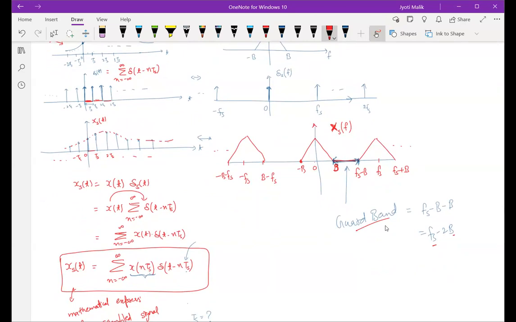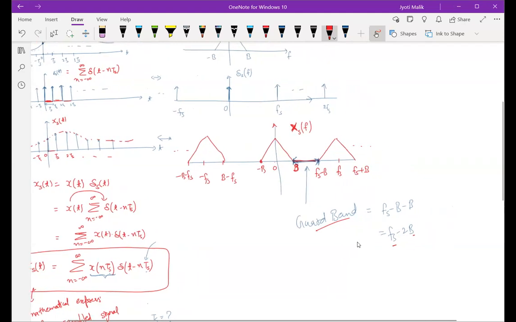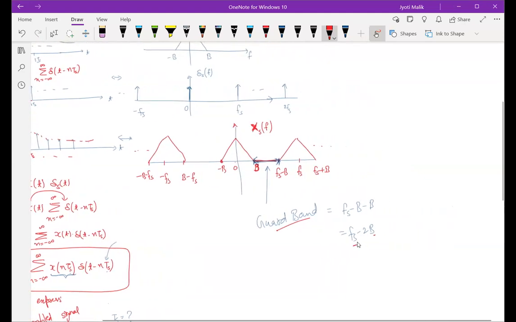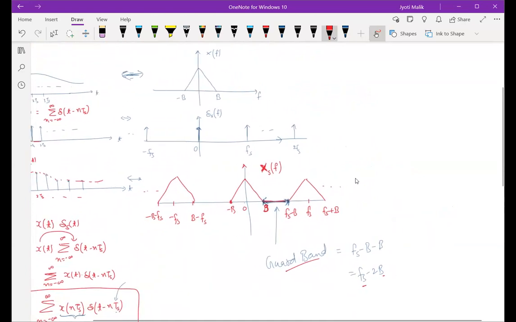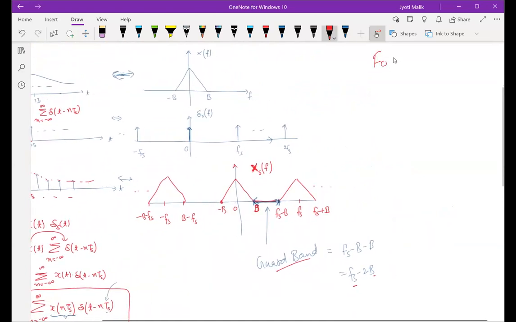So this is your guard band. Based on this guard band, there were 3 cases: overlapping, non-overlapping, and just touching. Those cases were for the reconstruction purpose, if we want to reconstruct our original signal back.